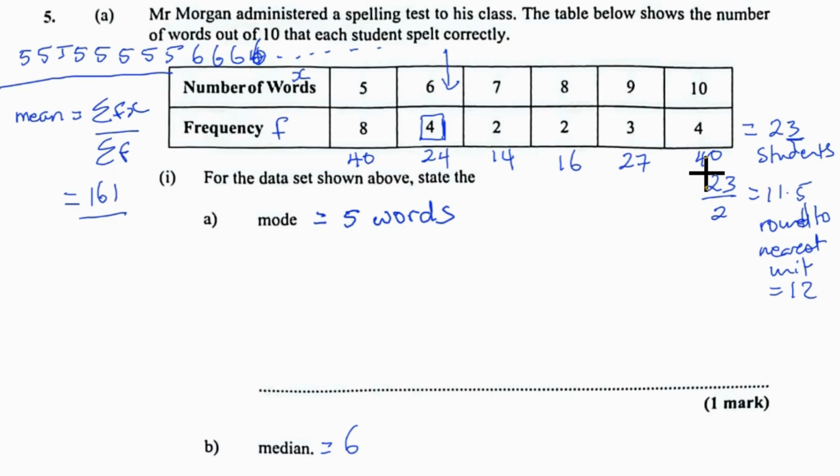And the sum of f, if you recall, we already calculated on the right hand side, where there are 23 students. So the sum of f, we already know, is equal to 23. I'm just going to write that in. When you work this out, you're going to get 7 words. And that's the answer for part 2 of this question.